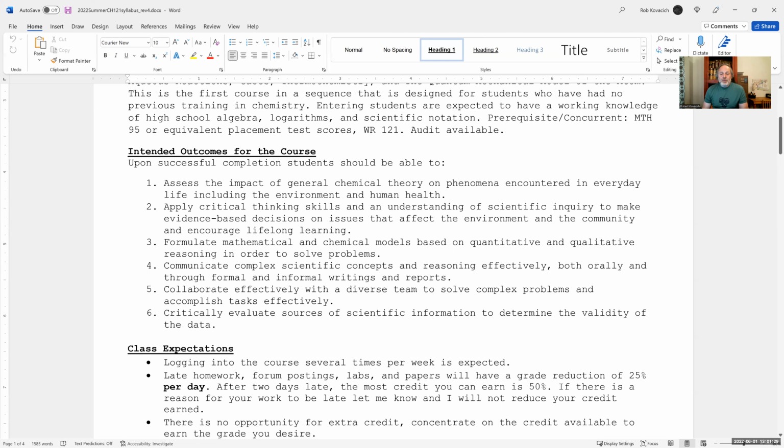The next thing is applying critical thinking skills to understanding scientific inquiry. We're going to make evidence-based decisions with the materials that we have in this class, meaning that you're going to have to be able to back up decisions that you've made or answers that you've given.